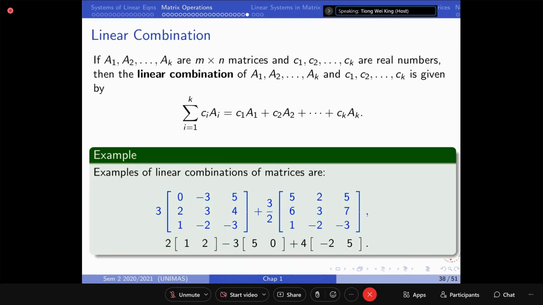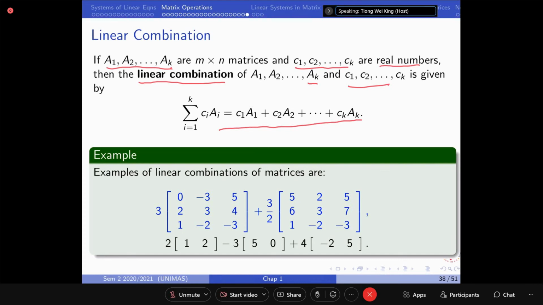Now next is the linear combination. This is a terminology, linear combination. I think this is new to you. If you have K matrices and K real numbers, C1, C2, C3 until Ck, and the K matrices are A1, A2, A3 until Ak, then the linear combination of A1, A2, A3, and Ak is given by this.